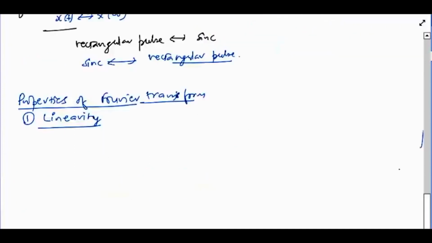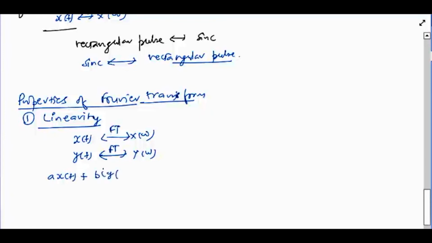This property says that if xt has Fourier transform X omega and yt has Fourier transform Y omega, then axt plus byt will have Fourier transform aX omega plus bY omega. This property can be easily seen following the definition of Fourier transform.